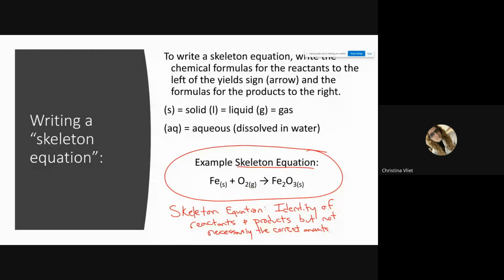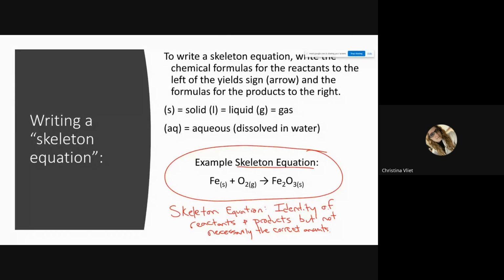All right, so we're going to go ahead and continue. What we're actually getting to today: a lot of this is just intro terminology, but what we have to learn how to do in the next few minutes is how to take a skeleton equation and transform it into an equation that is balanced, meaning it has the correct amounts. Some of you may pick this up quickly, and some of you may not, and that's okay.